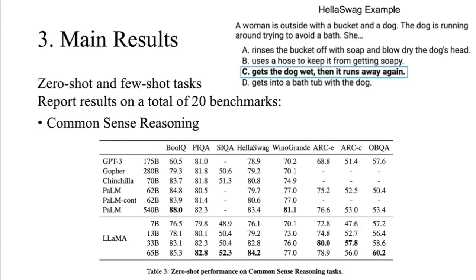They compare this LLaMA model on about 20 benchmarks across a variety of tasks. The first one is common sense reasoning. To give you an idea of what this dataset is about, this is a HellaSwag example. You have a description, like a woman is outside with a bucket and a dog is running, trying to avoid a bus, and you need to choose the most reasonable continuation with your common sense reasoning.